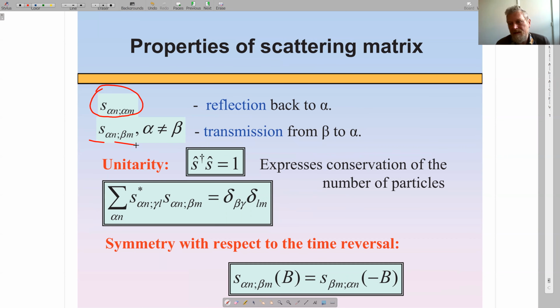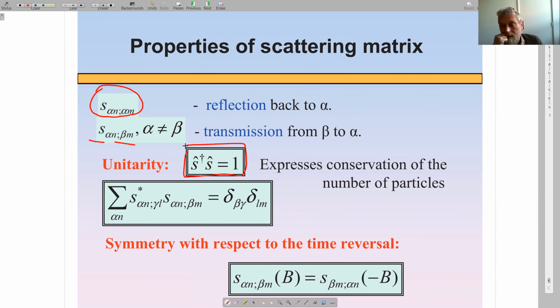Right? In the quantum world, this must be satisfied for any arbitrary superposition of incoming waves, and that can only be done if the scattering matrix is unitary. The scattering matrix is unitary: S dagger times S is 1.